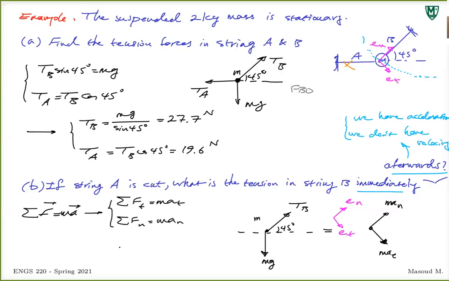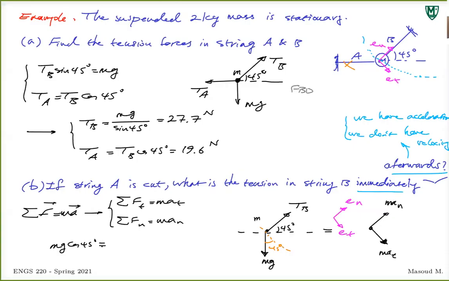The first one, first I wrote tangent. So let's look at the tangent. Well, TB is in the normal direction, so it's gone. We have mg in the positive tangent direction. So that would be mg cosine 45 degrees. Remember, this is 45 degrees. This is 45 degrees. mg cosine 45 degrees.